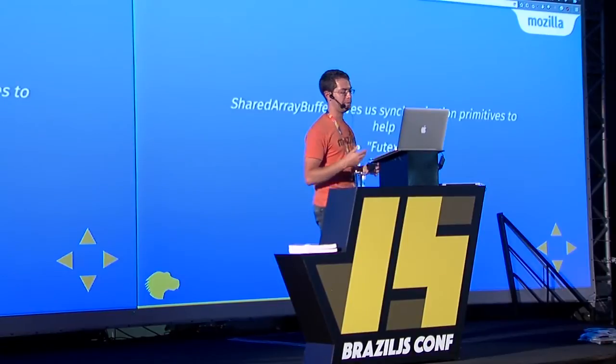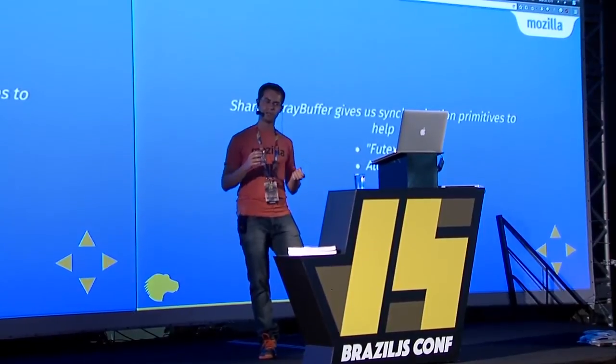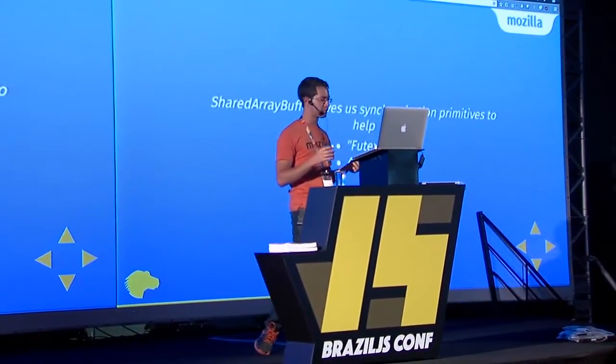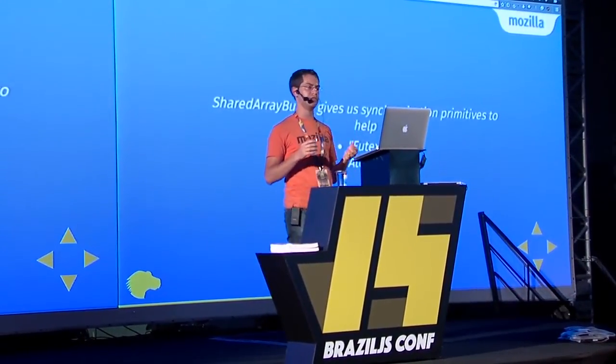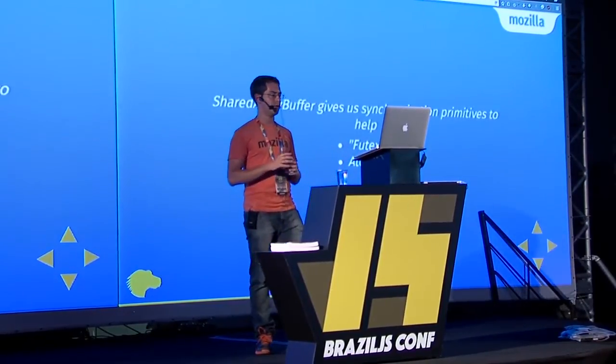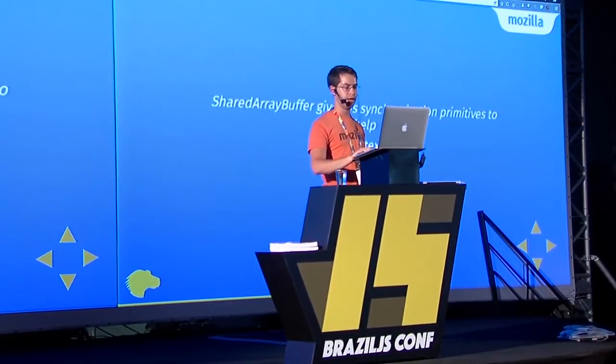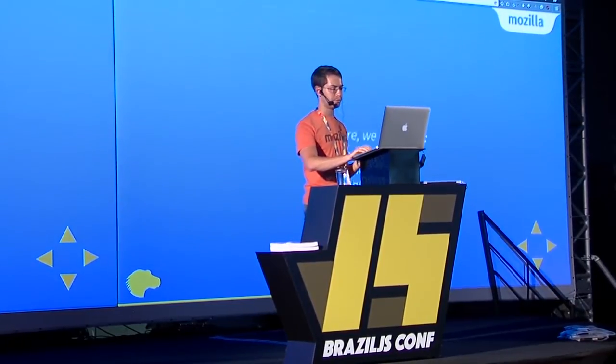The API for SharedArrayBuffer gives us a few very basic building blocks. It gives us these things called futexes. You can think of them like a mutex. They're actually an idea that's available in the Linux kernel. It also gives us access to atomics, so atomic increment of various sizes of variables.